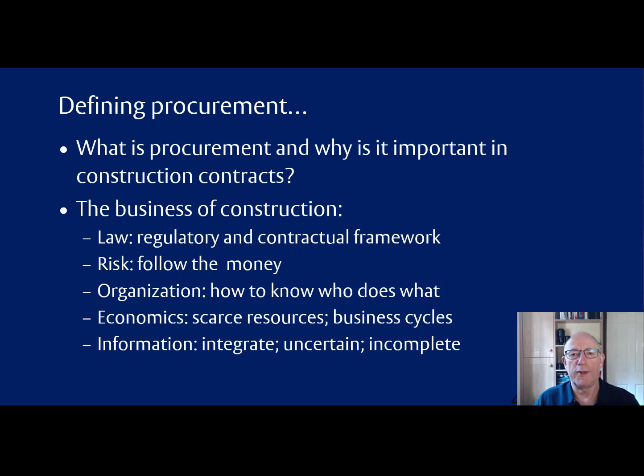This is one of the things that makes construction particularly difficult as compared to other industries, where complicated things tend to be procured by large firms who employ a lot of the resources in-house. When we're subcontracting the resources throughout a complex supply chain, it makes the organisational structure very difficult to follow and to disentangle from the contractual structure. So understanding who does what is important.